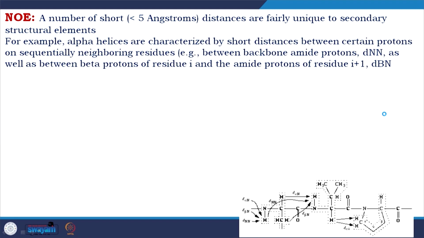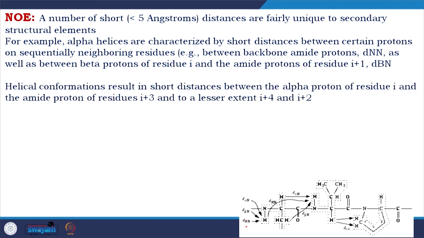For example, alpha helices are characterized by short distances between certain protons on sequentially neighboring residues: between backbone amide protons, which is dNN, you could see here, as well as between the beta protons of residue i and the amide protons of residue i plus 1, which is dBN.